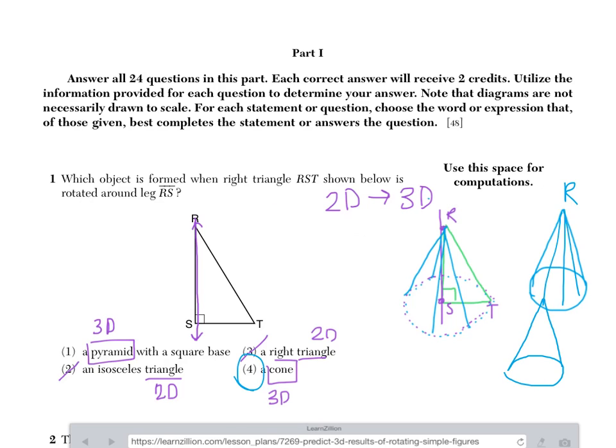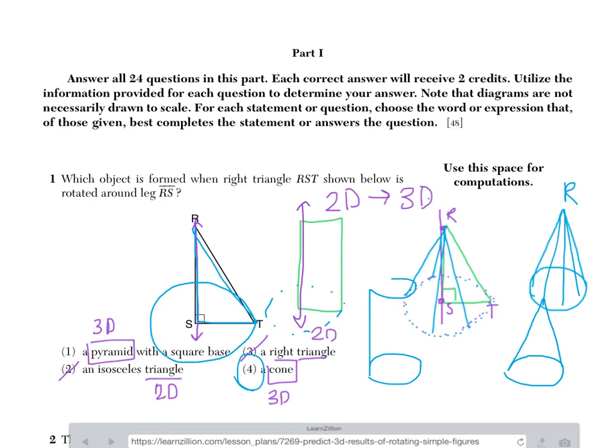Now, it depends on what shape you're looking at originally to figure out what kind of figure you get. Because we started with a right triangle, we end up with a cone because when T again gets rotated around, it gets rotated in a circular fashion. If you have a different figure to start, such as a rectangle, being rotated around an edge, this figure would still create a circular base going around, but this time, because it's a circular base going straight up and down, we end up with a cylinder.